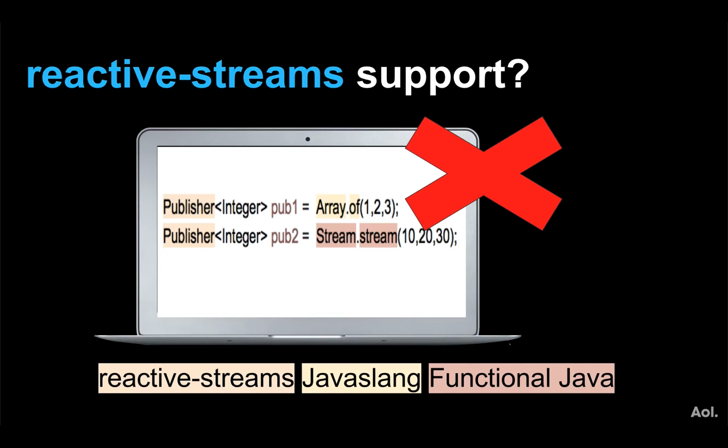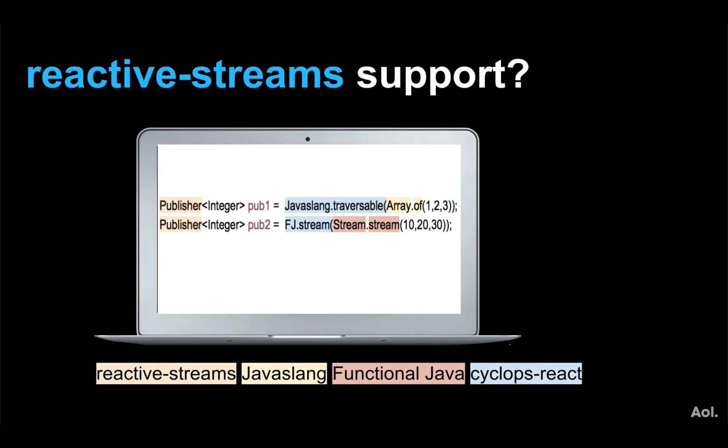So Javaslang and functional Java don't implement the reactive streams spec directly, but we'll show you a couple of techniques that can help out here. The Cyclops Javaslang project provides a mechanism whereby you can coerce any Javaslang type to a reactive stream publisher, and Cyclops functional Java does exactly the same thing for functional Java. You can take a functional Java stream and convert it into a reactive stream publisher.